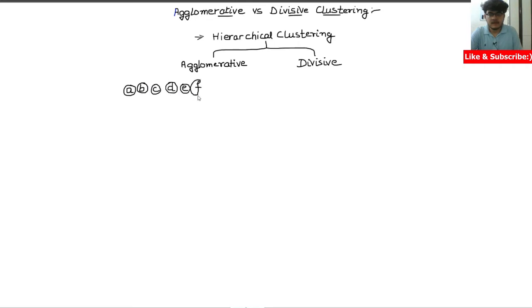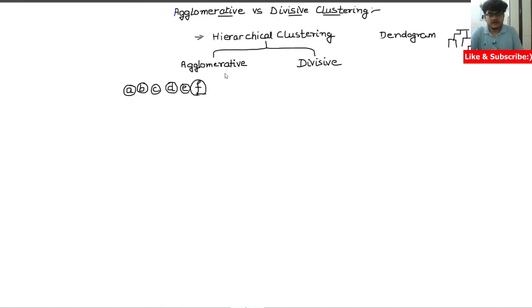Now, agglomerative and divisive, they both are hierarchical clustering. So basically what we will obtain is a dendrogram. We can actually obtain a dendrogram, and in a dendrogram we have some tree-like structure, right? We have a tree-like structure. So basically we have nested clusters.